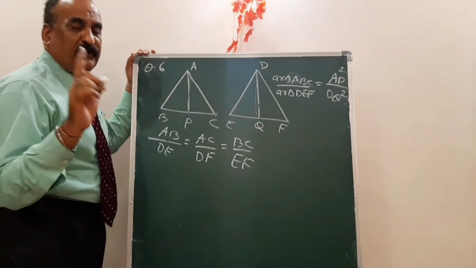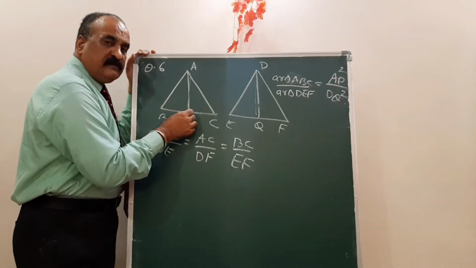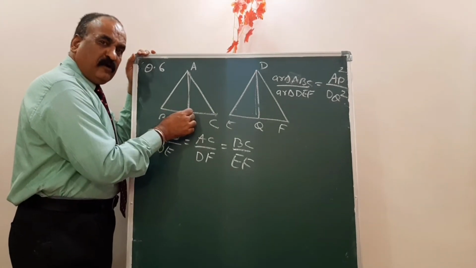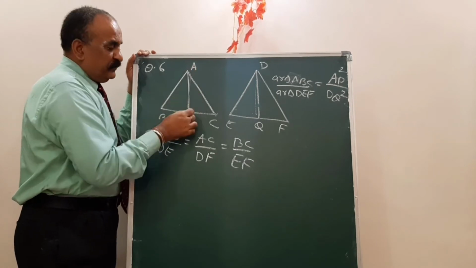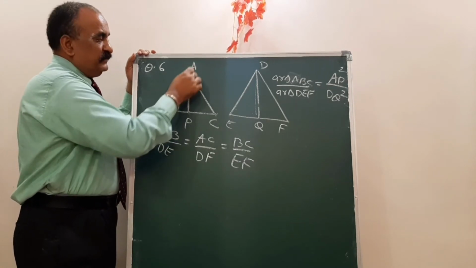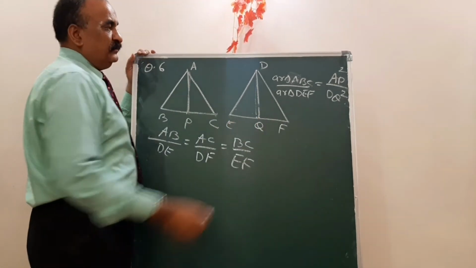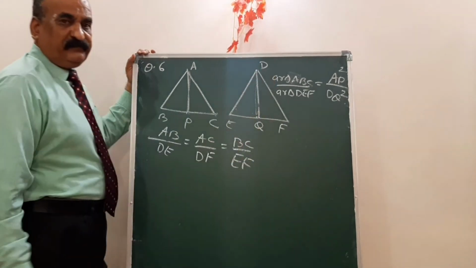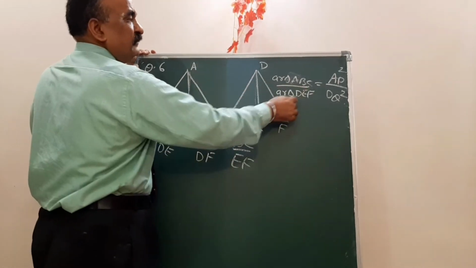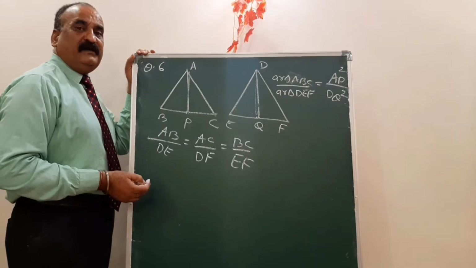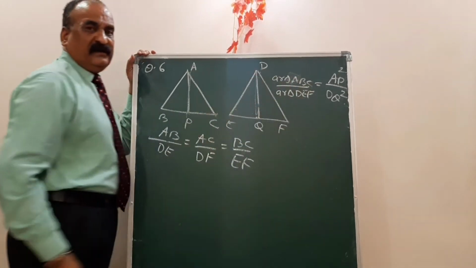And you know the property of the median. What is the median? A line segment which joins the midpoint of one side of a triangle to its opposite vertex. It means if P is the midpoint, then AP will be the median, and if Q is the midpoint, then DQ will be the median. It means the ratio of the area of two triangles is equal to the ratio of the square of their corresponding medians, AP square upon DQ square.